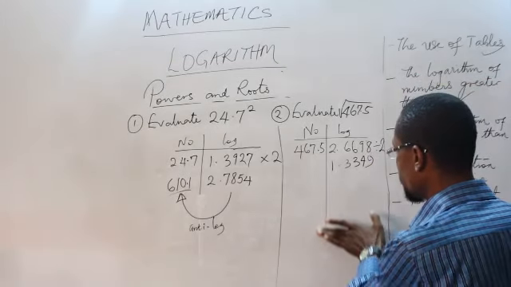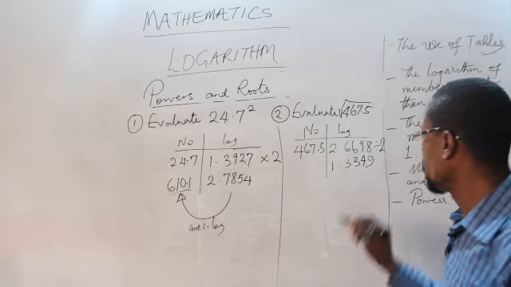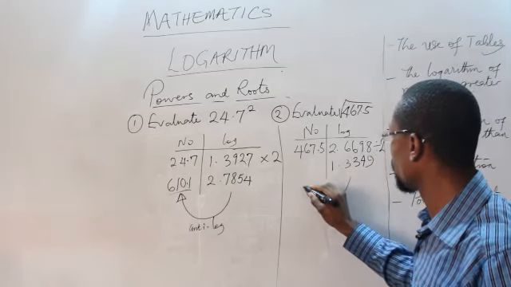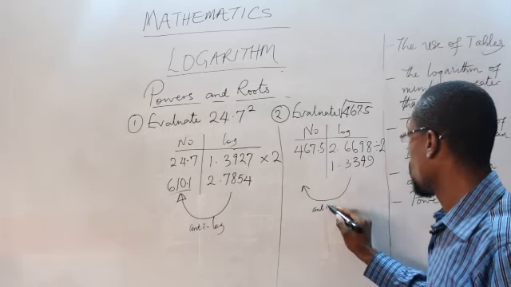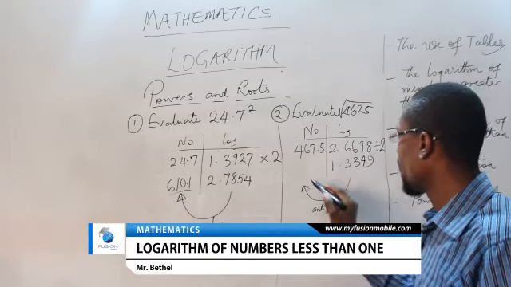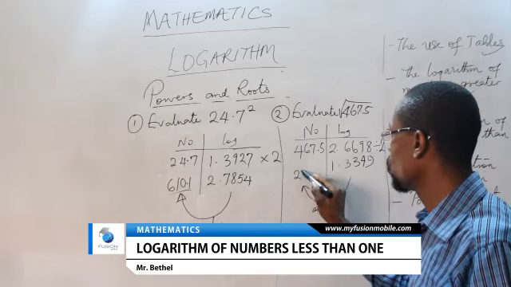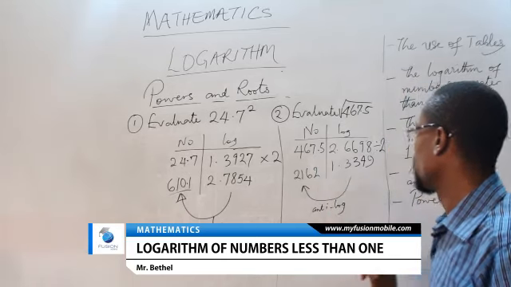So what next do we do? We're almost done. We get the anti-logarithm of 33 under 4 difference 9, and that gives us 2, 1, 6, 2.